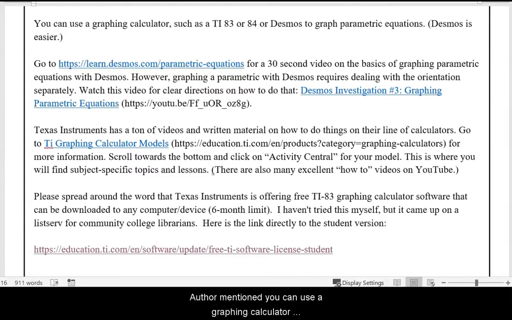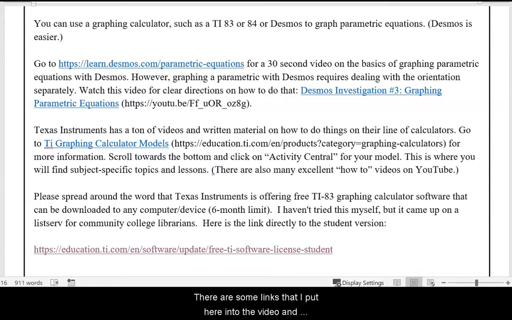As I've mentioned, you can use a graphing calculator such as a TI-83 or a TI-84 or a TI-Inspire, or an online system such as Desmos or GeoGebra to graph parametric equations. In some ways, Desmos is easier. However, in other ways, the graphing calculator is easier to see the orientation.